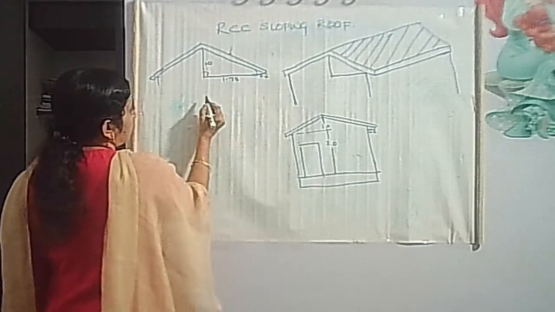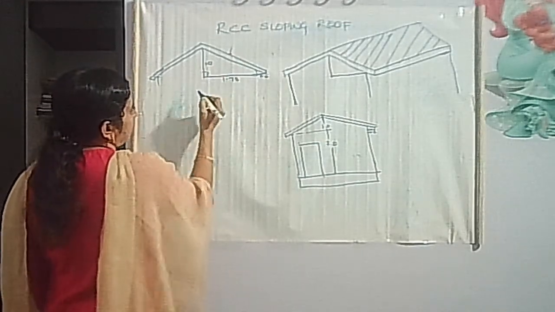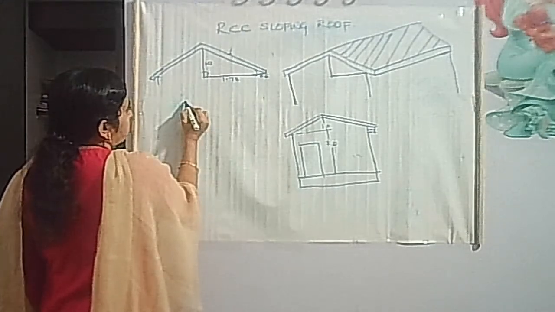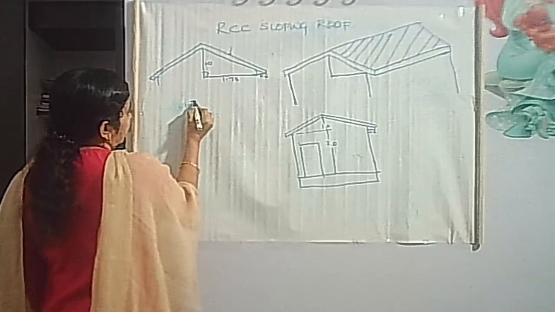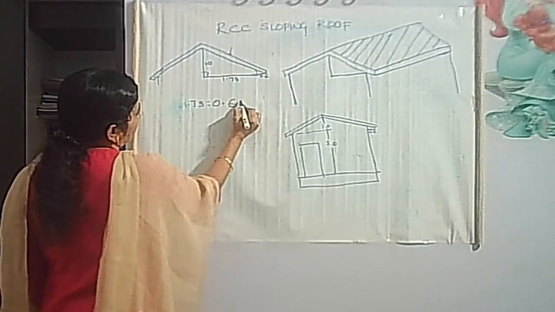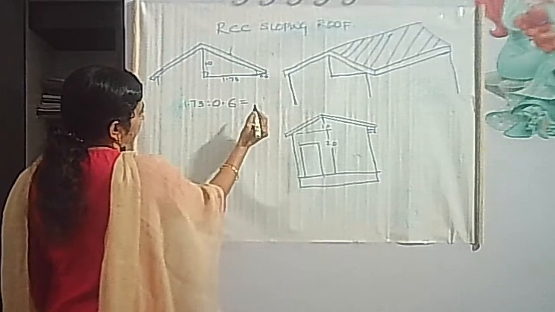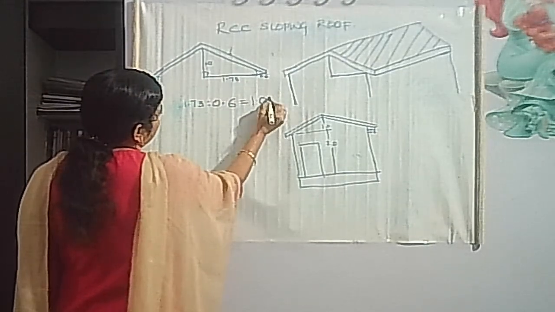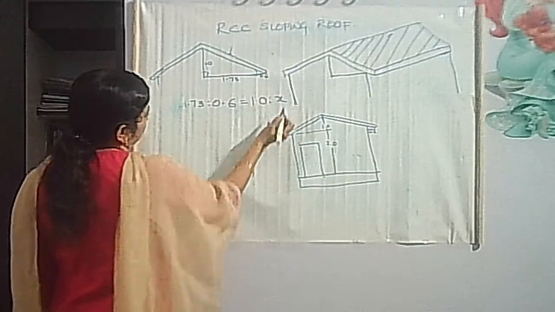Okay. So, we will just find out the ratio of it. 1.73 is to 0.6 is equal to 1 is to x.